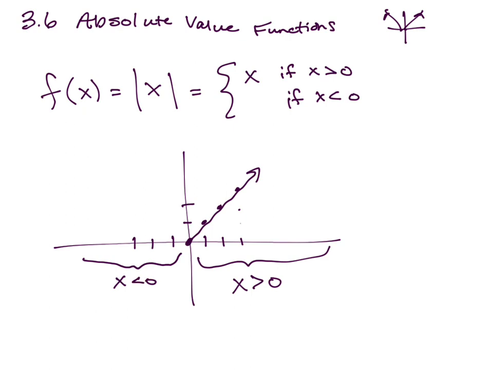Good. If I input negative 1, I output 1. So these are all the same numbers, but opposite. If I input negative 2, I output positive 2. Do you notice that this is your identity function, except the slope is negative instead of positive? Still starts at 0, right?